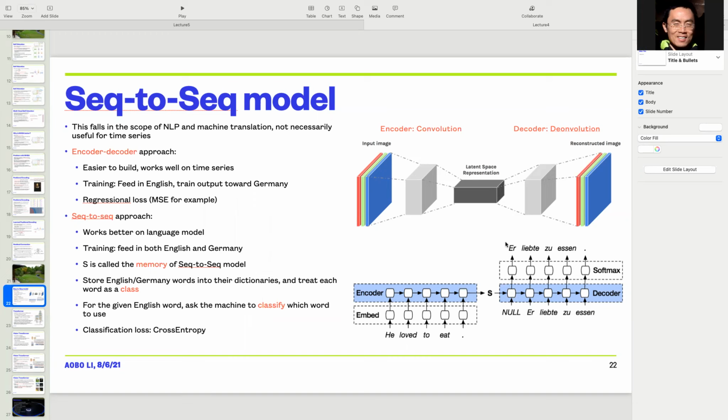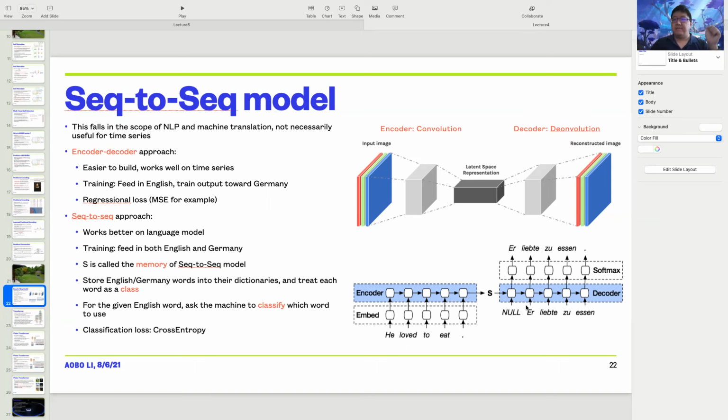Okay, thank you. Another thing is, why do we do a shift to the right? The reason is that you need a start token when you want to translate. Basically, after you remember the entire English sentence, you need to give it an input to tell it, oh, now I want to start.